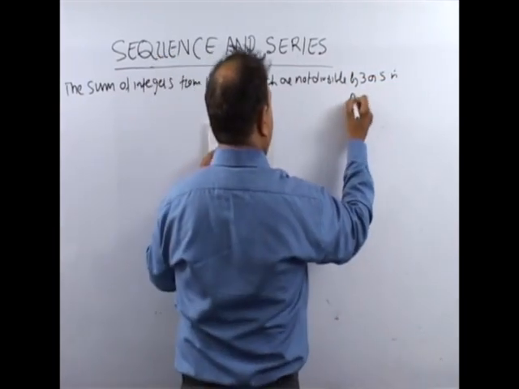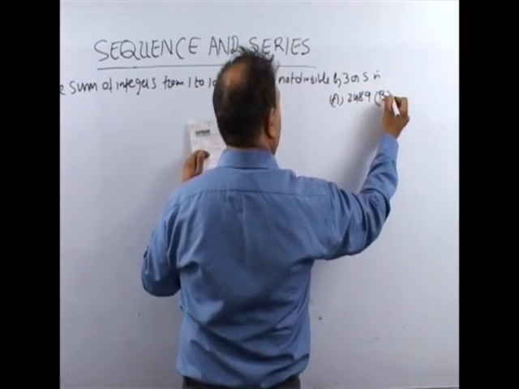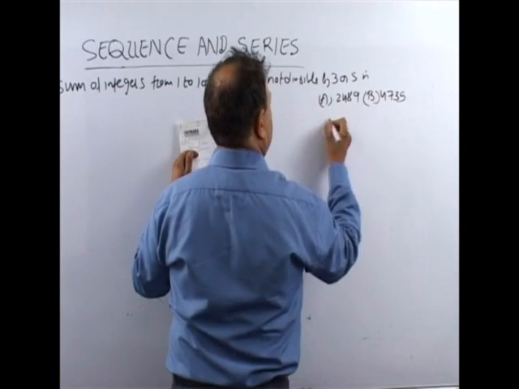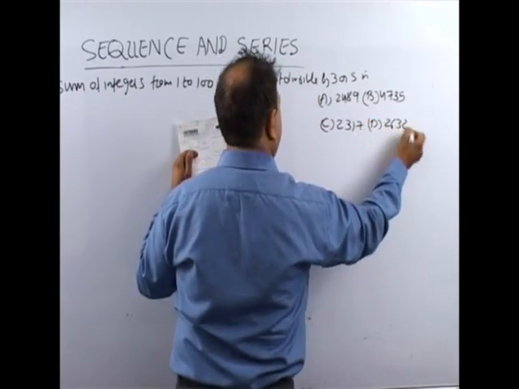Option A is 28489, option B is 4735, option C is 2317 and option D is 2632.